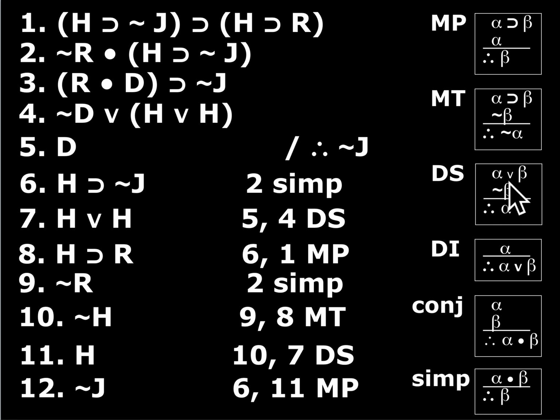And they don't. Alpha is a variable that could stand for any statement, and beta is a variable that could stand for any statement. And nothing rules out that they could be the same statement. And this is true of variables in general.